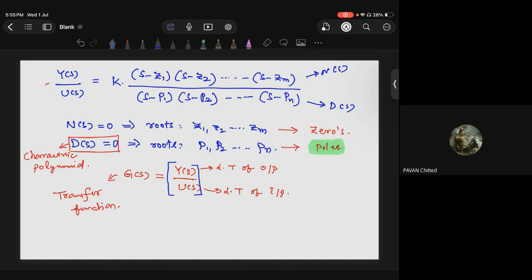The assumption is all initial conditions are zero. If we don't take initial conditions as zero, we don't get an expression like this. So in the transfer function definition, you must mention that initial conditions are zero. Any doubt?